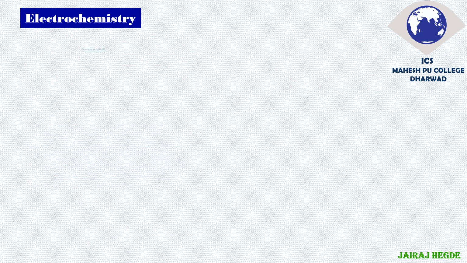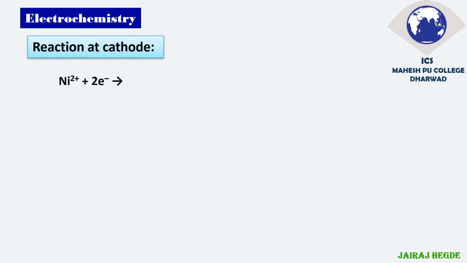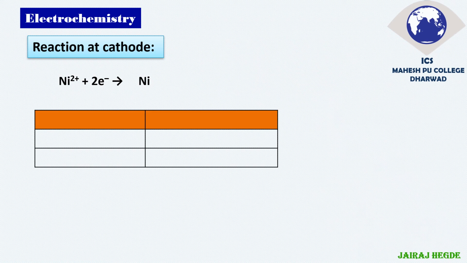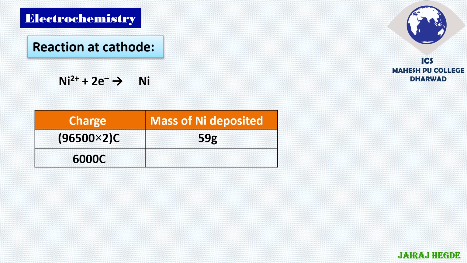Or I can do it in a different method also. Here 2 electrons are consumed during the electrolysis. 2 farad of charge is required for the deposition of 1 mole. So 2 farad, that is 96,500 into 2, gives 59 gram, or 1 mole.